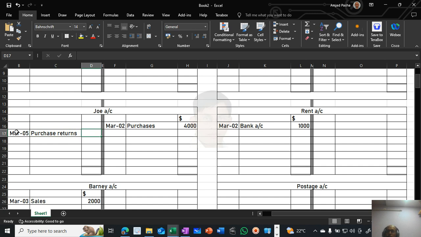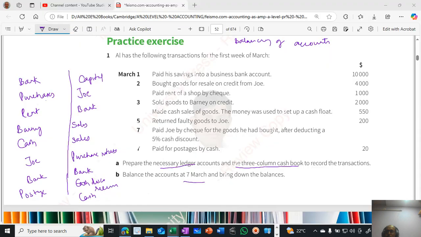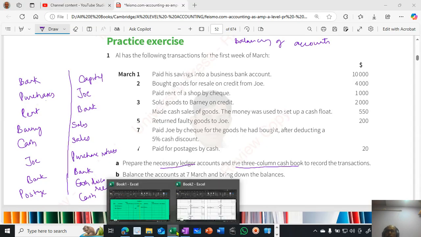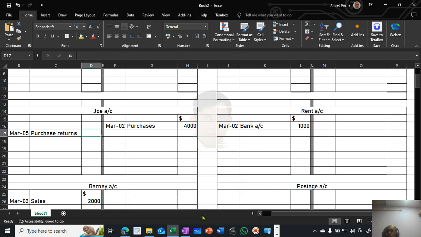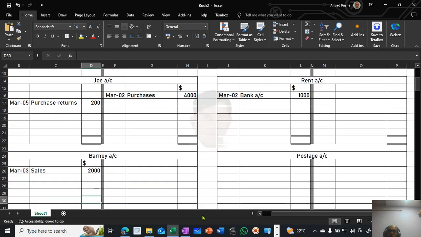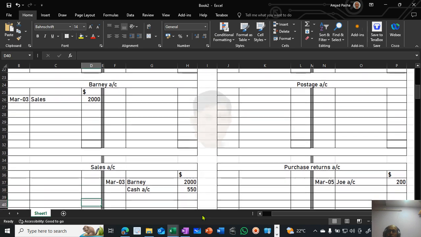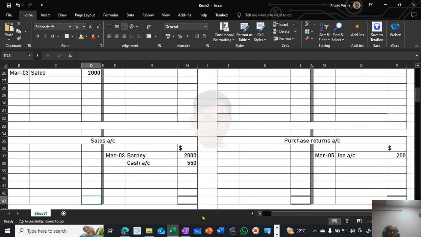What is the value? 200. So, the entry is complete.